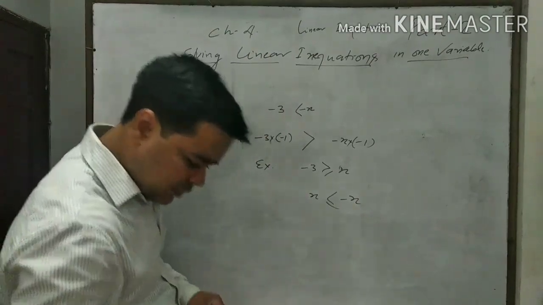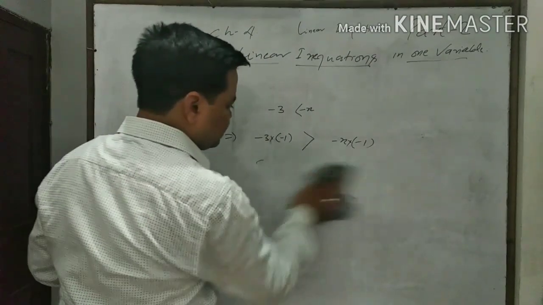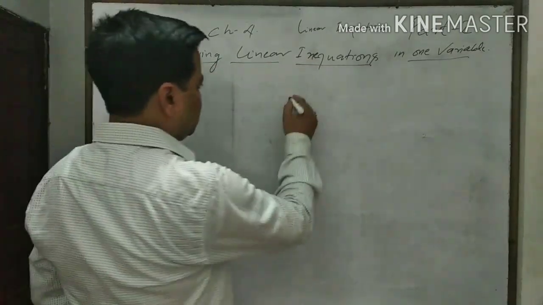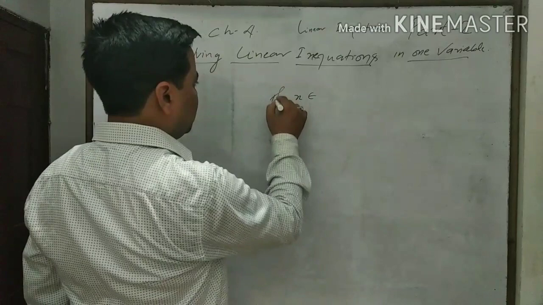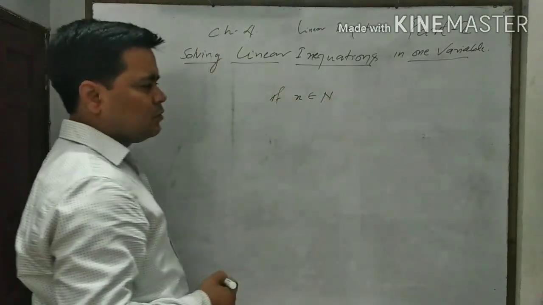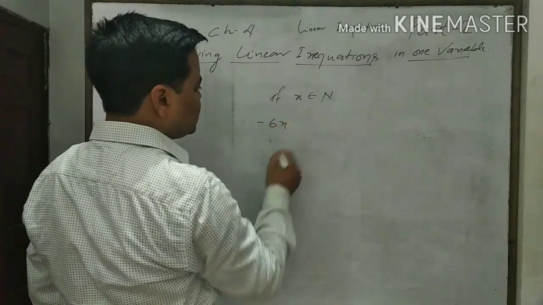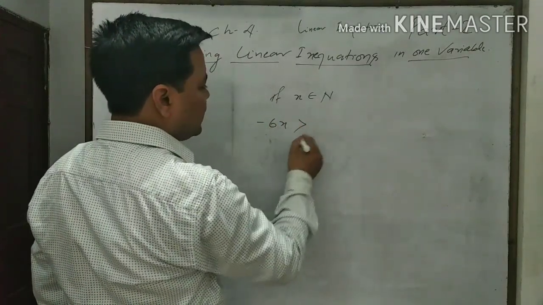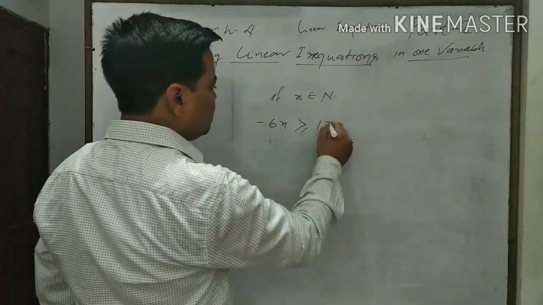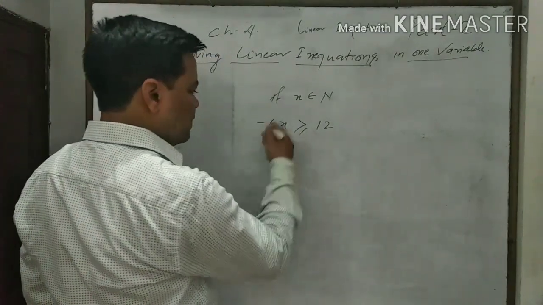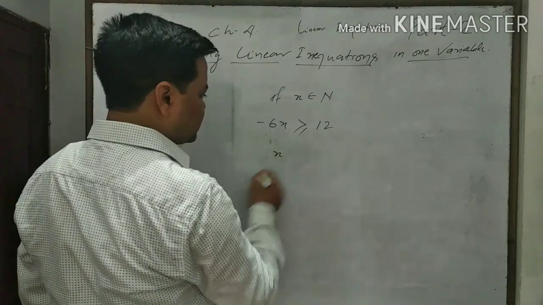Again, if we have this inequation, let x belong to the natural numbers and minus 6x is greater than or equal to 12, then divide by minus 6, then it will be x.